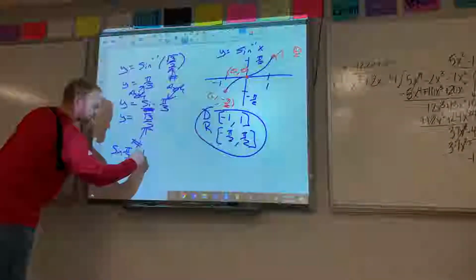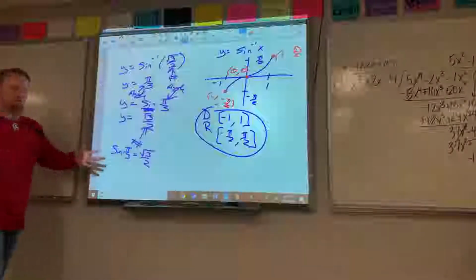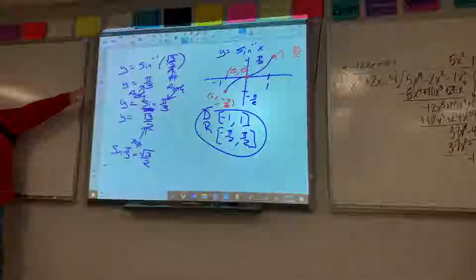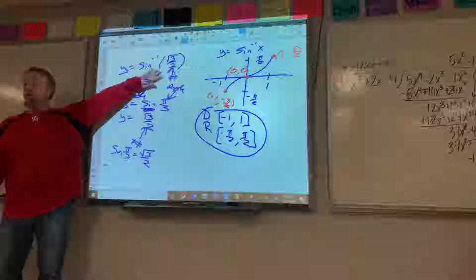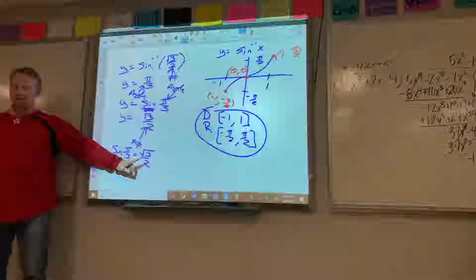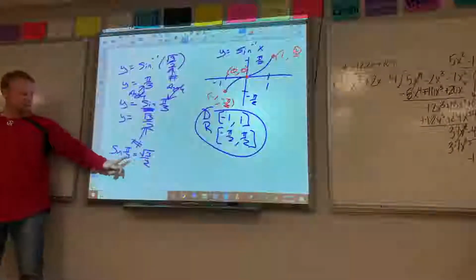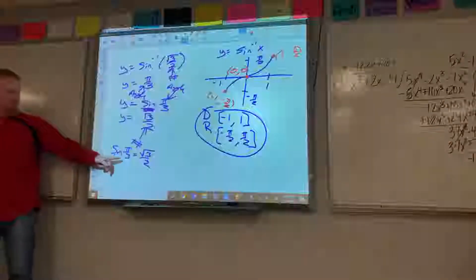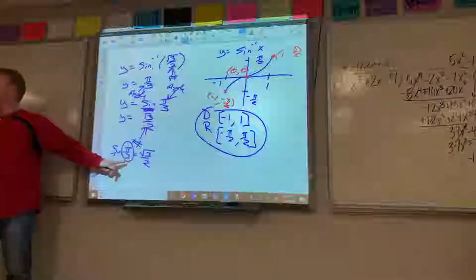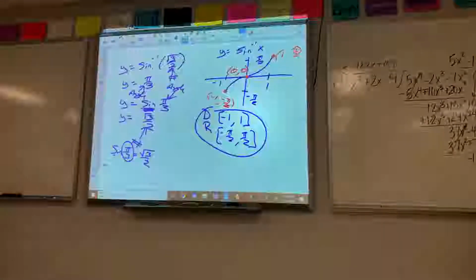Okay? So when I see this right here, I'm going to go on the right side, and I'm going to find out where square root of 3 over 2 and sine match up. And then whatever this is, that's going to be my answer. Okay, so that's how you need to think about evaluating an inverse trig function.